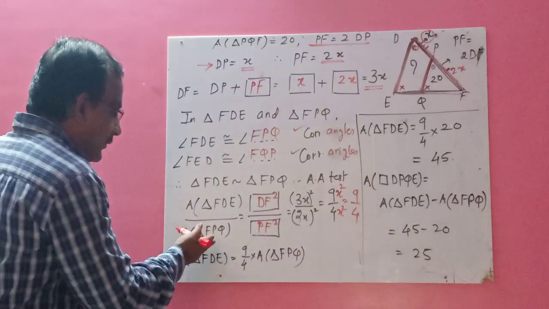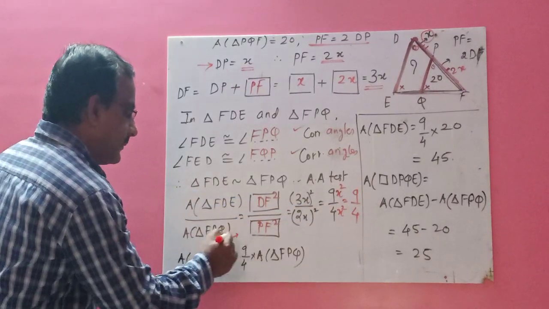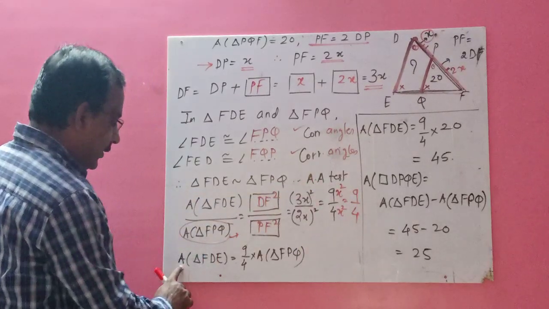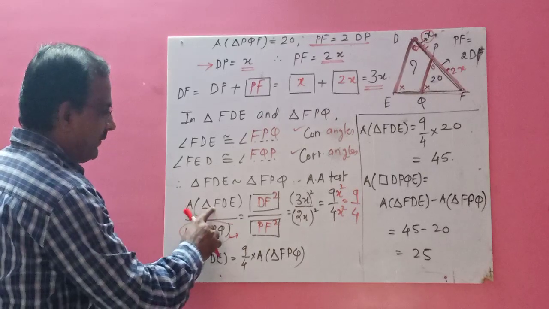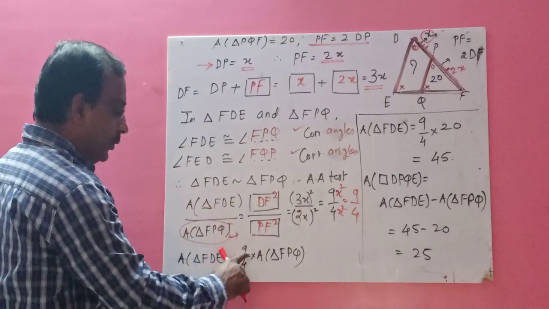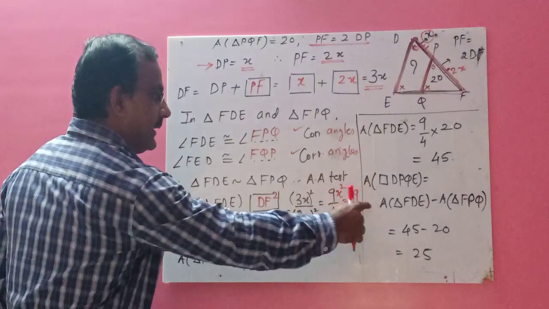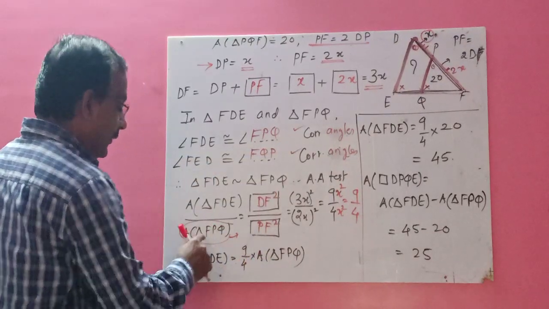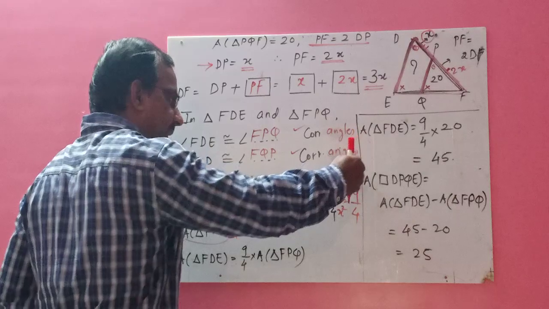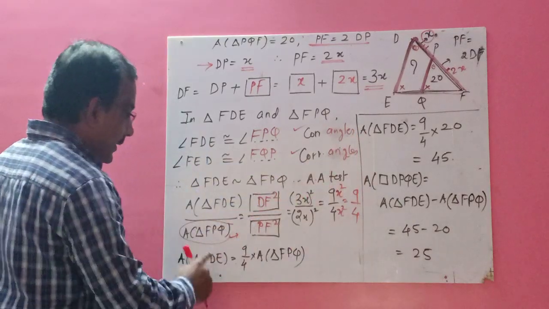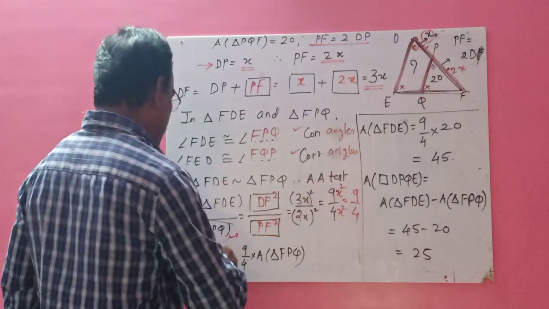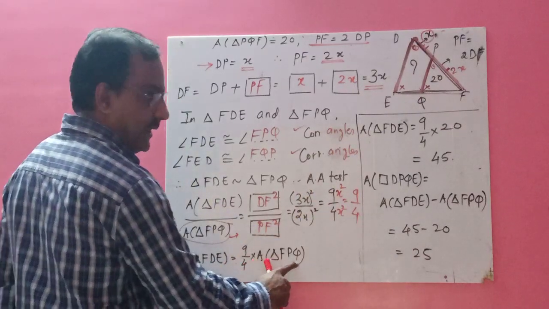And if you transfer this one to that side, it becomes area of triangle FDE is equal to 9 upon 4 multiplied by area of triangle FPQ.